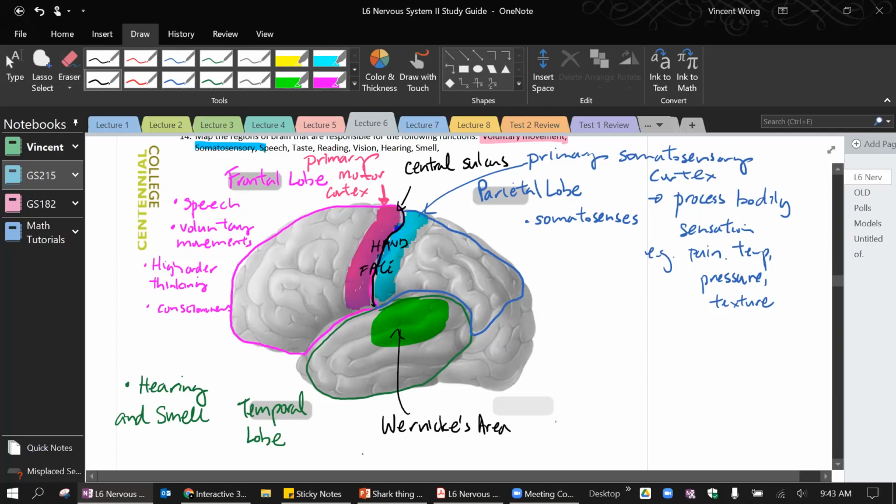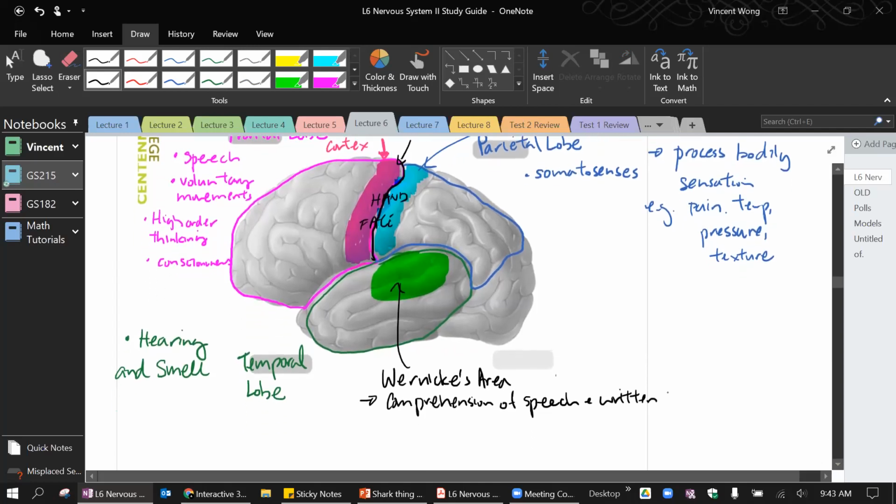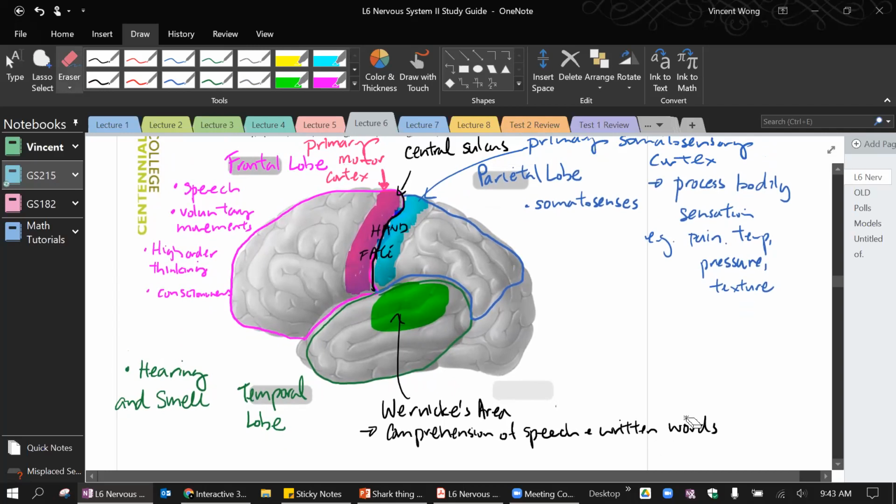It is for comprehension of speech and written words. Like you read this and you understand what that means. If you damage the Wernicke's area, you won't understand what I'm saying, even though you speak that language, and you won't understand what you're reading.